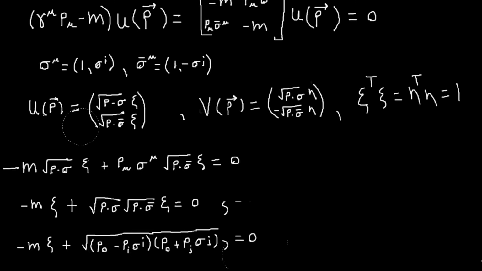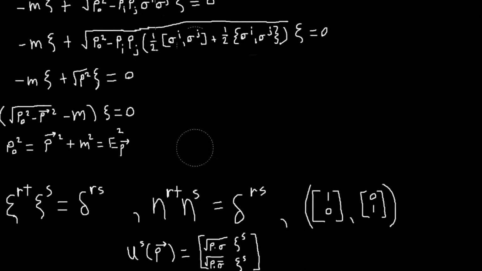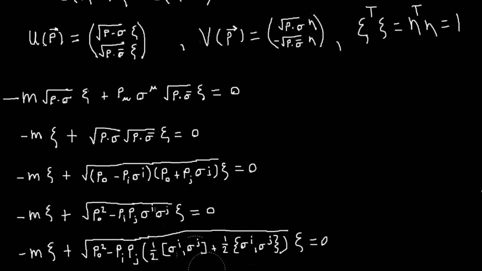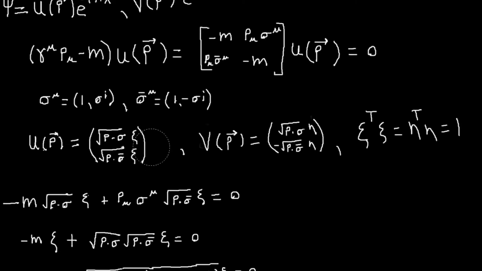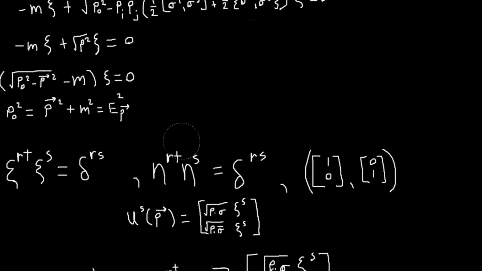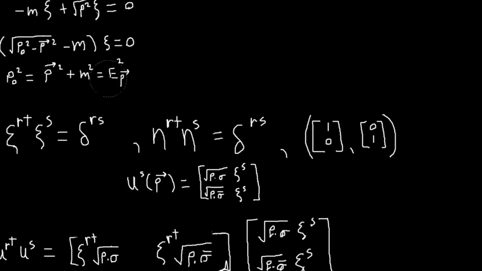So the important thing is we have our solutions here. And now what we can do is form a basis for our solutions. So we know that we can construct any solution out of these two-component spinors. So what we can do is define a basis for these two-component spinors such that it's an orthonormal basis.